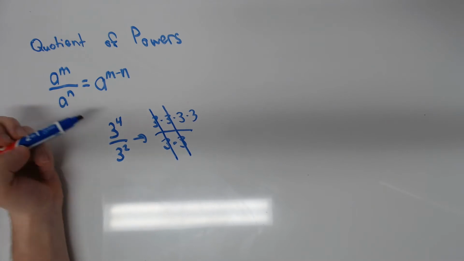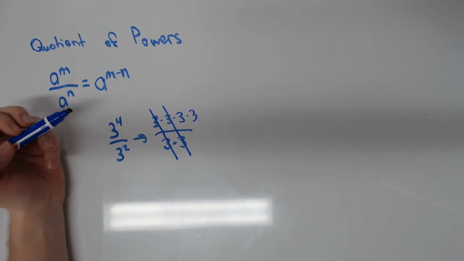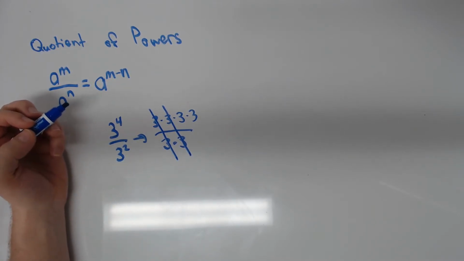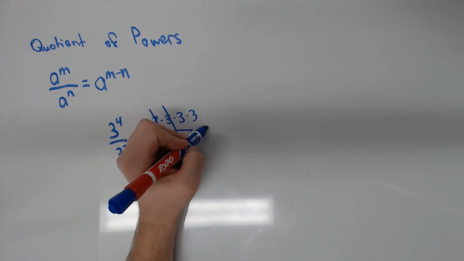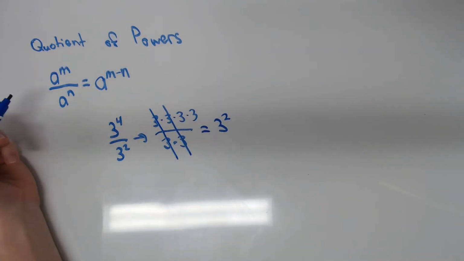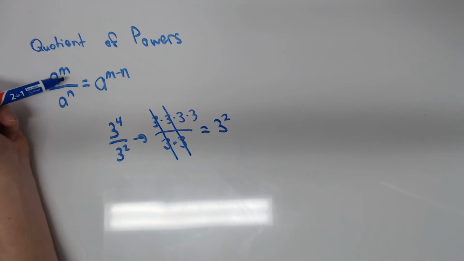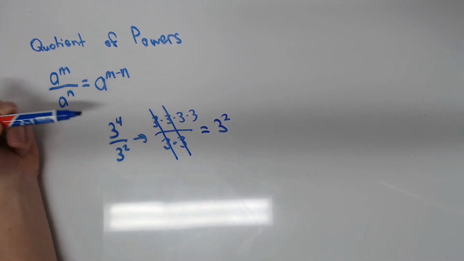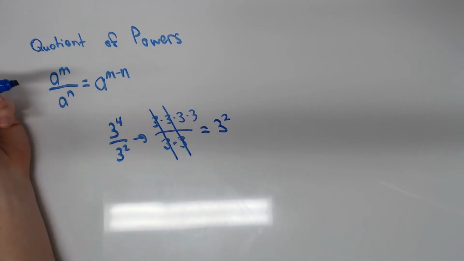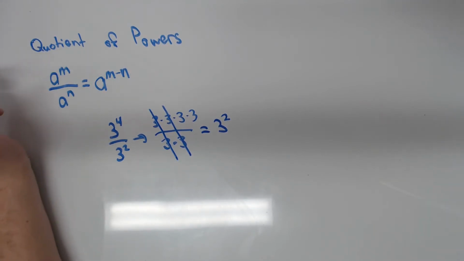So I can cancel out 3's until I run out of them on one of the sides of the fraction bar. What this comes out to is 3 squared. Well, let's take a look at the property. It says to subtract the exponents. What's 4 minus 2? Well, 2, so we should get 3 squared. So that's how you can break down this property.